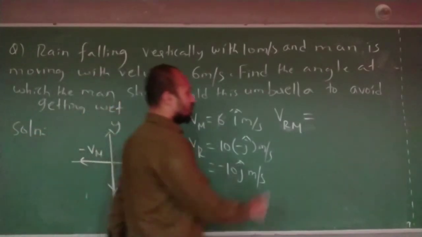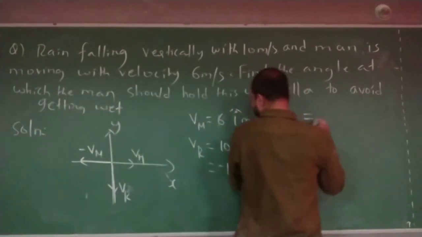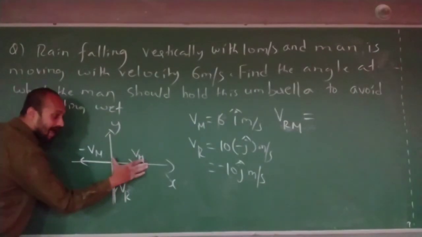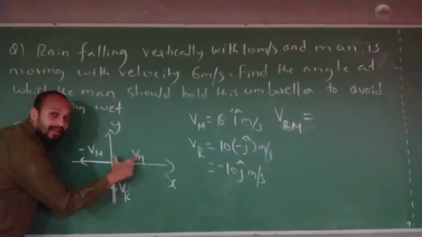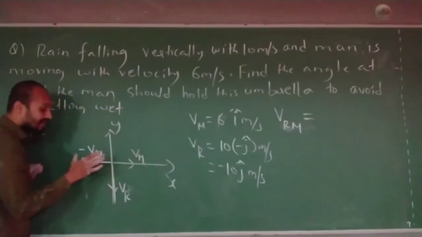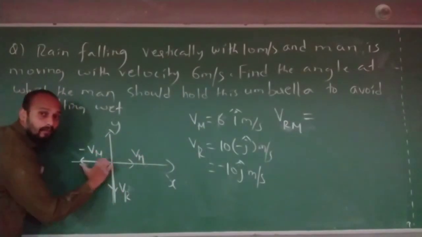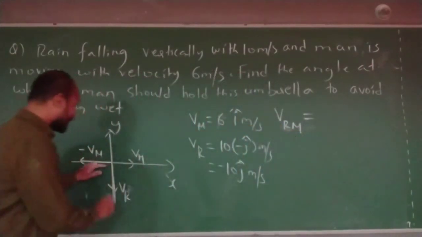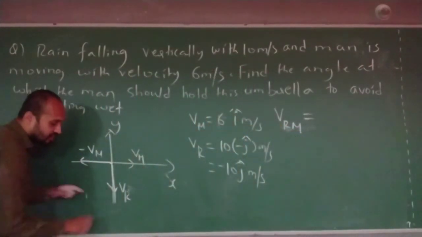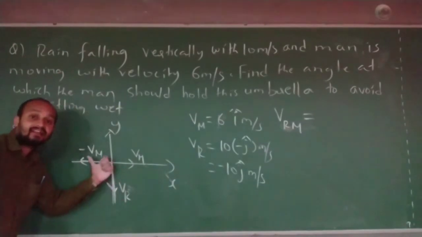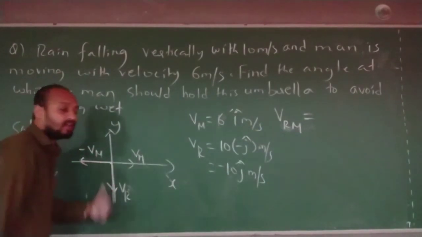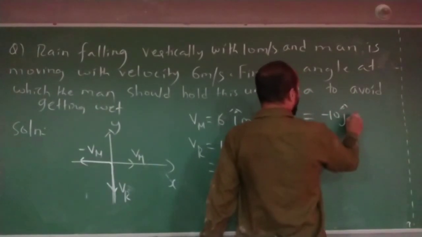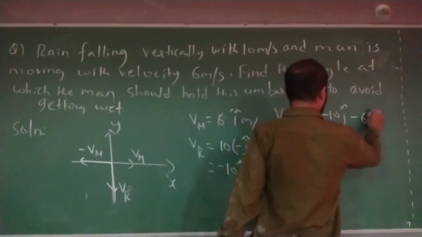That means, what did I assume? I added the velocity of man in the opposite direction to the velocity of rain. So now velocity of rain has got 2 velocities. One its own velocity and another the velocity of the man in opposite direction. So its own velocity is minus 10j, then minus 6i.